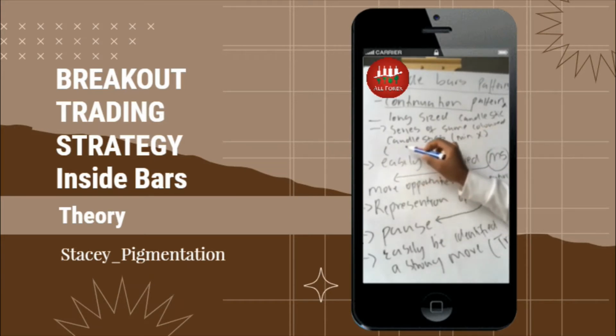So this series can be called three white soldiers, either bullish or bearish. I will show you how.